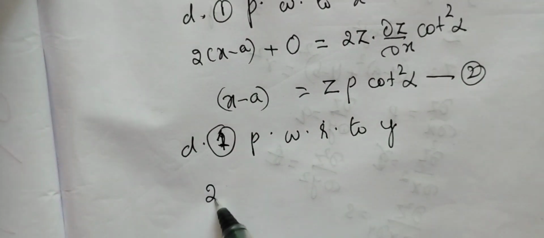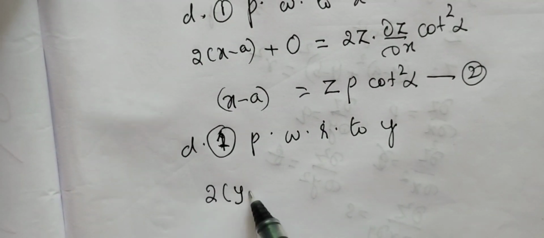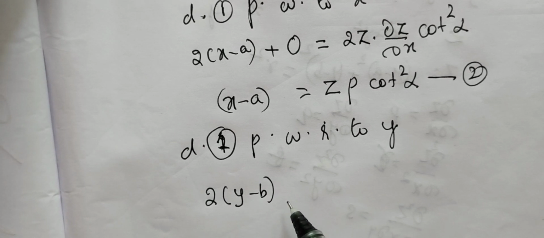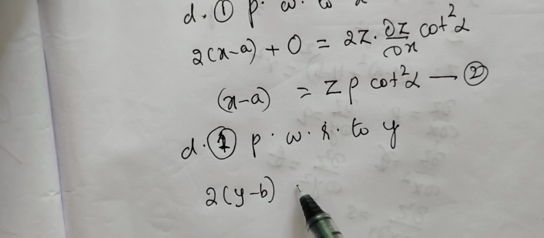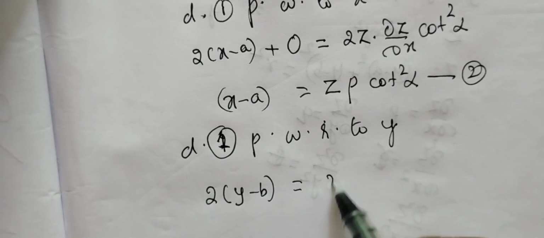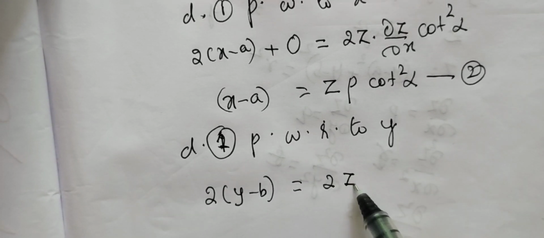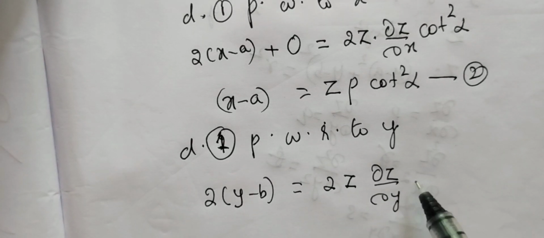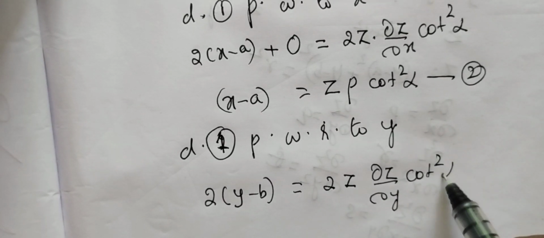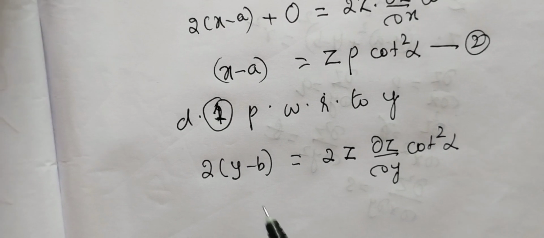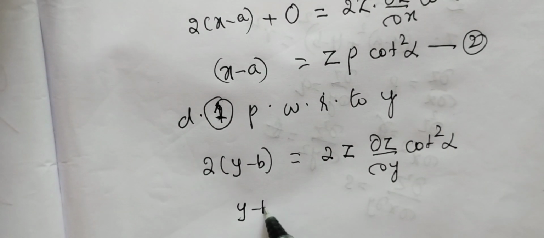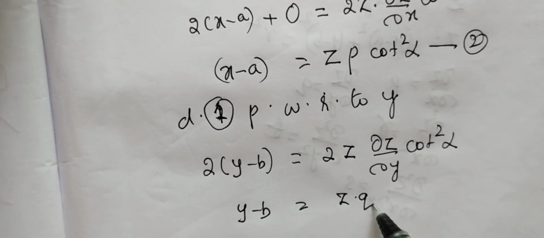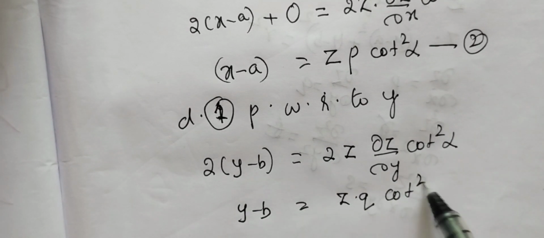The same way, 2 into y minus b, because x is a constant, its differentiation is 0, equal to 2 into z dou z by dou y cot square alpha. Dividing by 2, your answer is y minus b is equal to z into q cot square alpha.